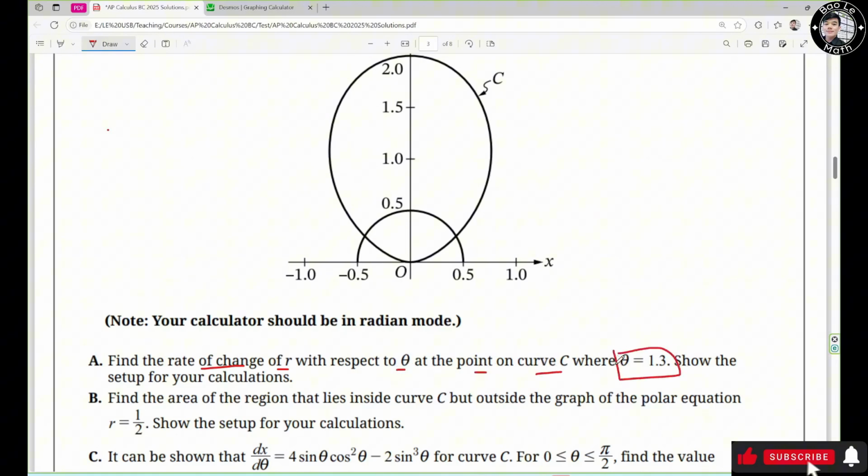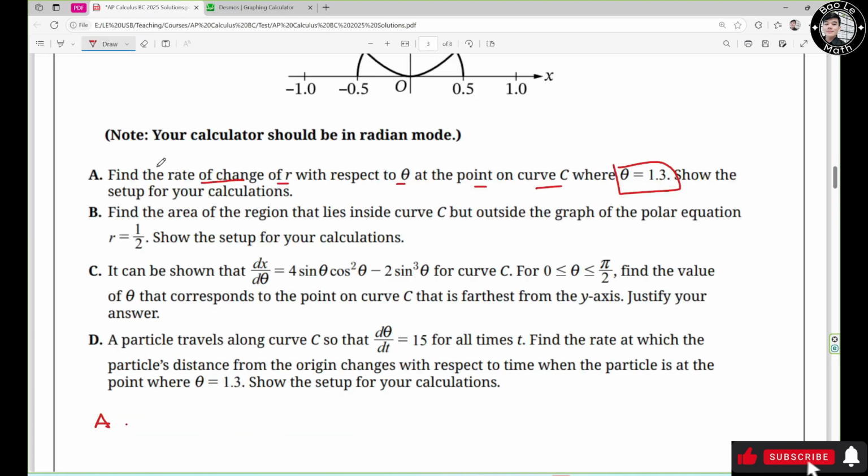Find the rate of change of r with respect to theta at the point on the curve C where theta equals 1.3. Alright, so in order to find the rate of change, you need to take the first derivative, right? So we have r of theta equals 2 sine squared theta. Then r prime of theta equals 2 times 2 sine theta times cosine theta, right?